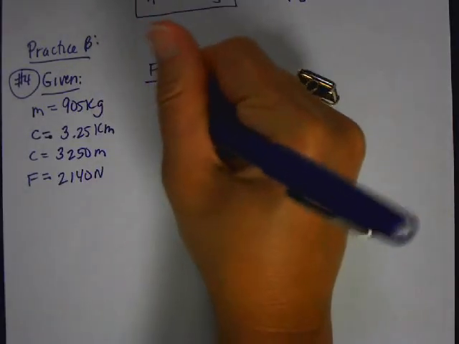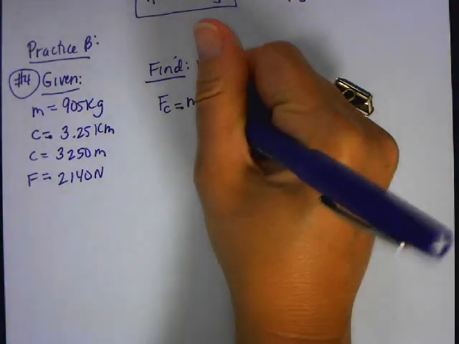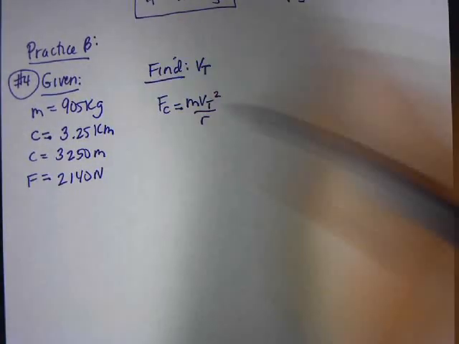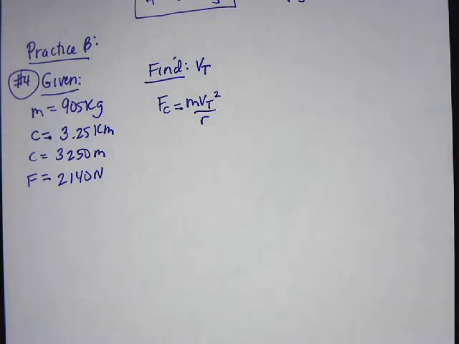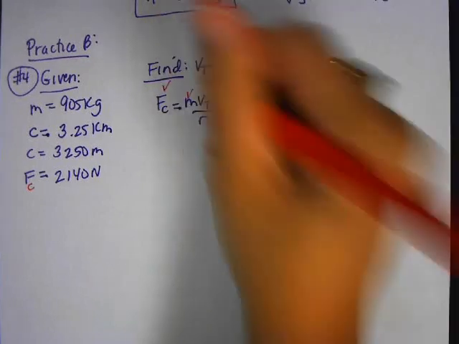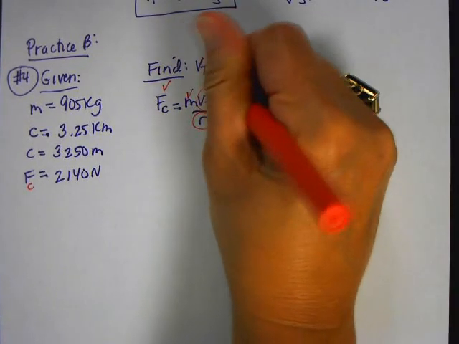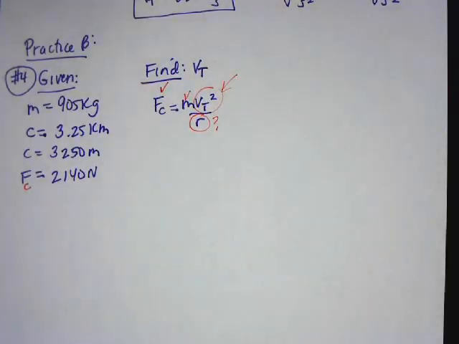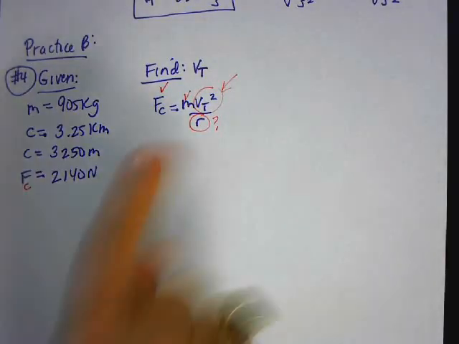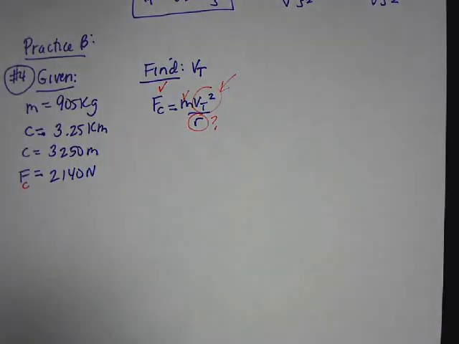Well, I know that centripetal force is equal to m vt squared over r. Now, when I start looking at everything, I know that I'm given the centripetal force. I know the mass. I don't know the radius, but I want to find the tangential speed. So now I see that if I find the radius, I'll easily be able to find the tangential speed, right?